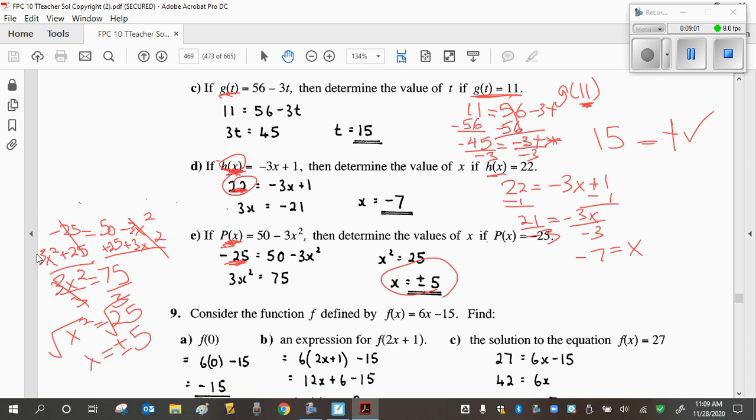If you want to do it where you add or subtract first, it would be negative 25 equals 50, subtract 3x squared, subtract 50 first, get negative 75, and divide by negative 3.